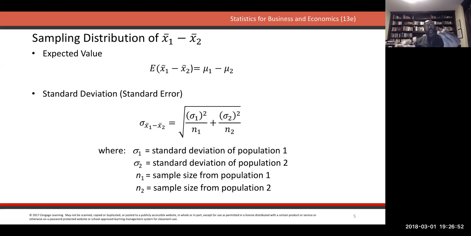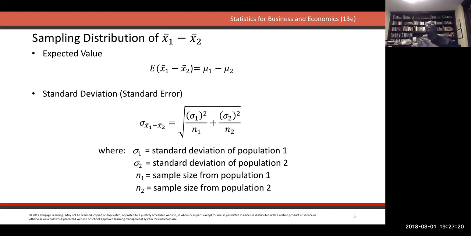The same idea applies. Now, instead of having a single population where we're considering just X bar, we're considering X bar 1 minus X bar 2, and that represents the sample difference between the two population means. We don't know what those two means are, but we will get two samples, one from each population, and then subtract one sample mean from the other, and that is an estimate of the difference between the two means.